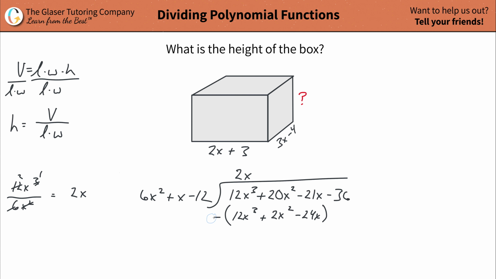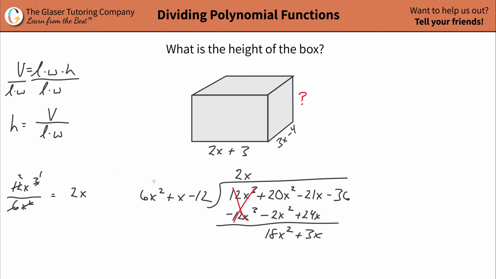Now you're going to distribute this negative symbol to each term. So the first two will be negative and the last one is going to become a positive. Now add them together. Those will completely cancel, so that's a 0. This will work out to be 18x squared, and then this will work out to be a positive 3x.